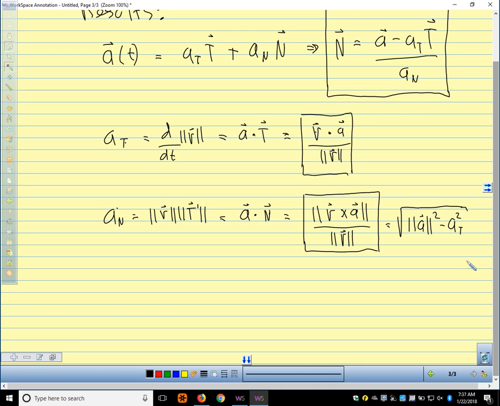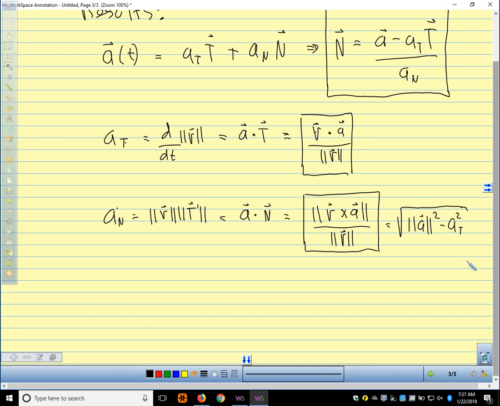So those come from looking at those three quantities, v dot a, v cross a, and a dot a, doing some manipulation with them, some simplification, and taking advantage of the fact that a vector dotted with itself is its magnitude squared. A vector crossed with itself is 0. Some of that plays a part in coming up with these.